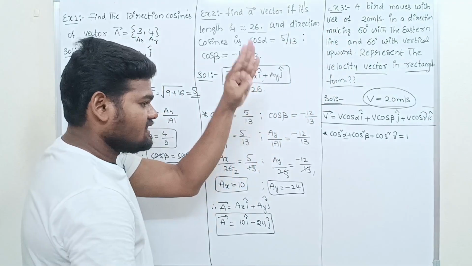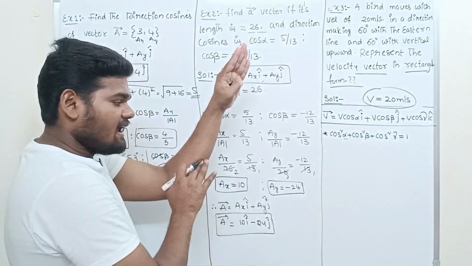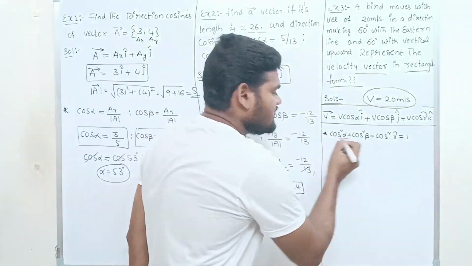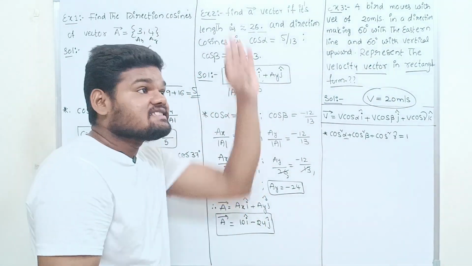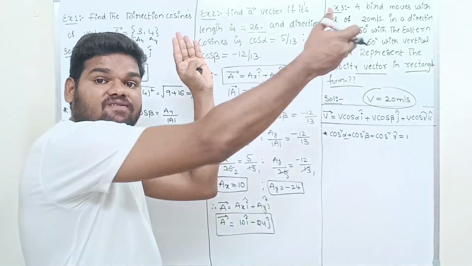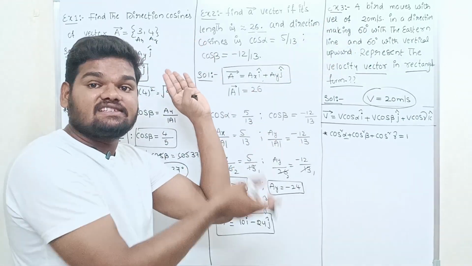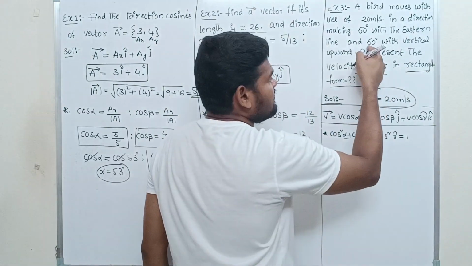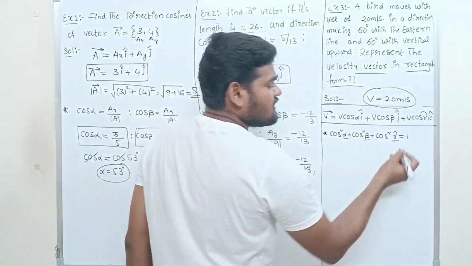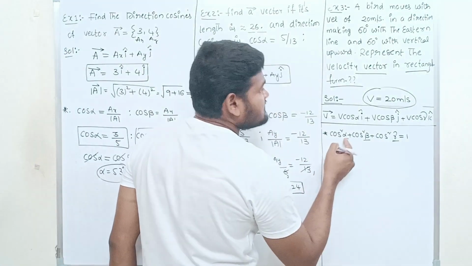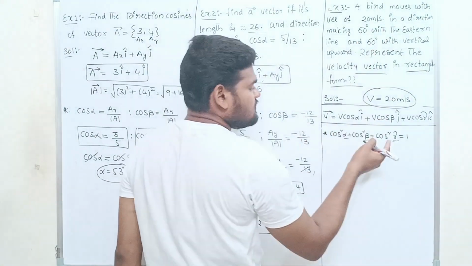So alpha is given. And it is making 60 degrees with the vertical direction. That means the beta value is also given, 60 degrees, but we don't know gamma. We have to find it. Have a look. So I'm substituting 60 degrees for alpha and 60 degrees for beta.